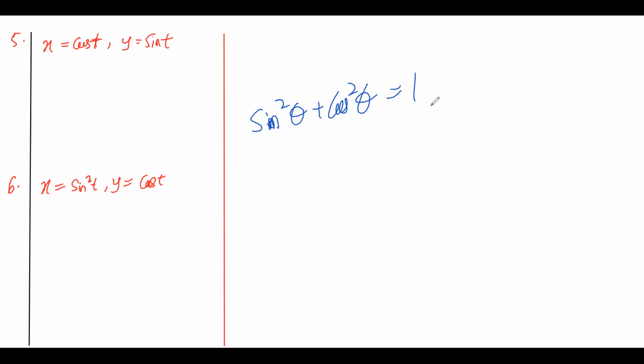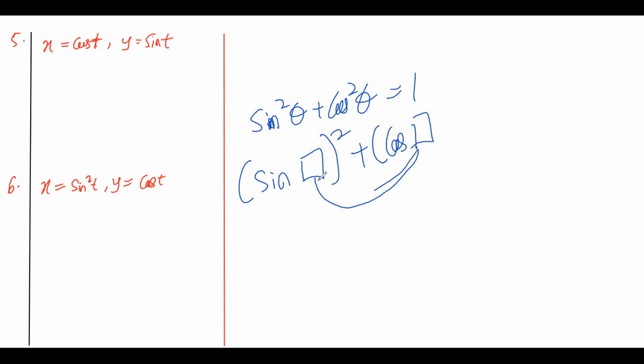Let's check. Open the bracket in your calculator, sine, put any angle here, and square that. Then open cos, put the same angle, it has to be the same, square it and add, and what do you get?